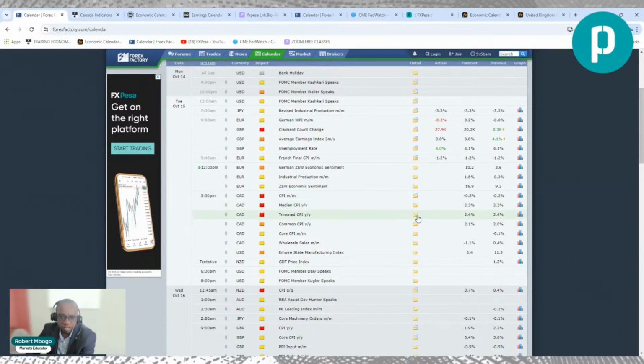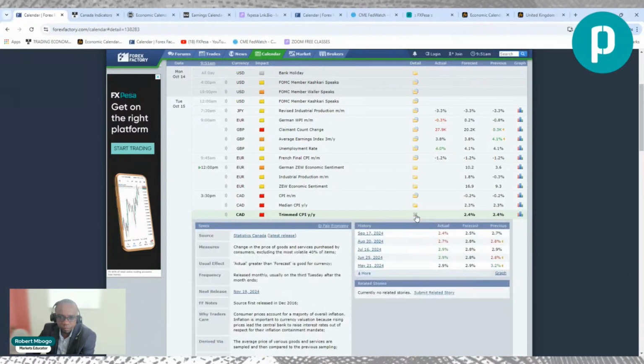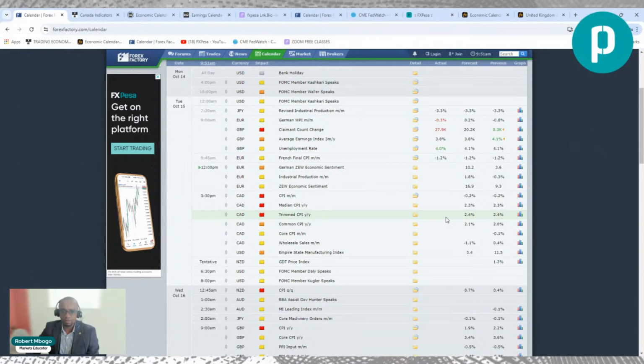Then we also have the trimmed CPI year on year, the changing price of goods and services purchased by consumers, excluding the most volatile 40%. So you're talking about food, you're talking about fuel, right? Once again, if this number comes out higher than 2.5% or 2.6%, then the Canadian dollar should strengthen. However, if it comes out lower, maybe 2.3, 2.2, then we should see the Canadian dollar weakening.